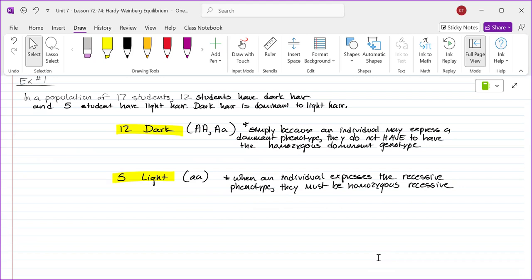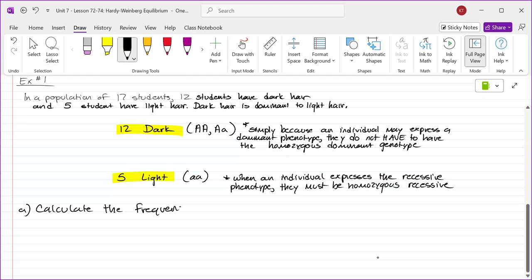So, with that being said, here's your first problem, part A. Calculate the frequency of homozygous recessive. Now, I cannot assume that all 25 of you know how to do this math.